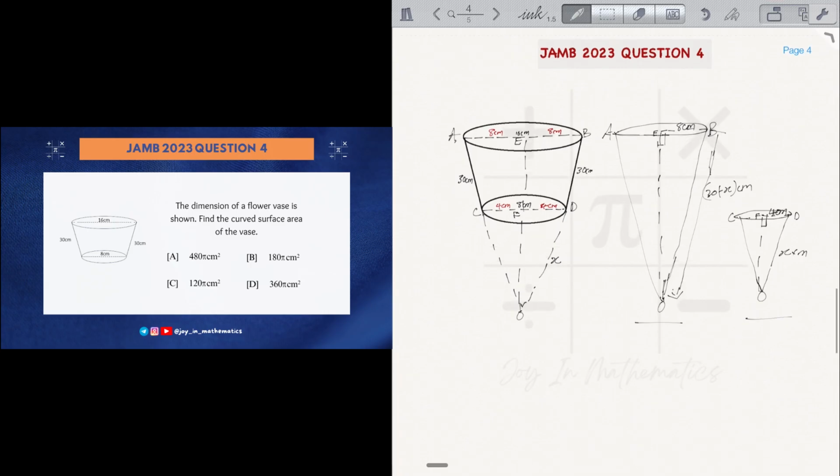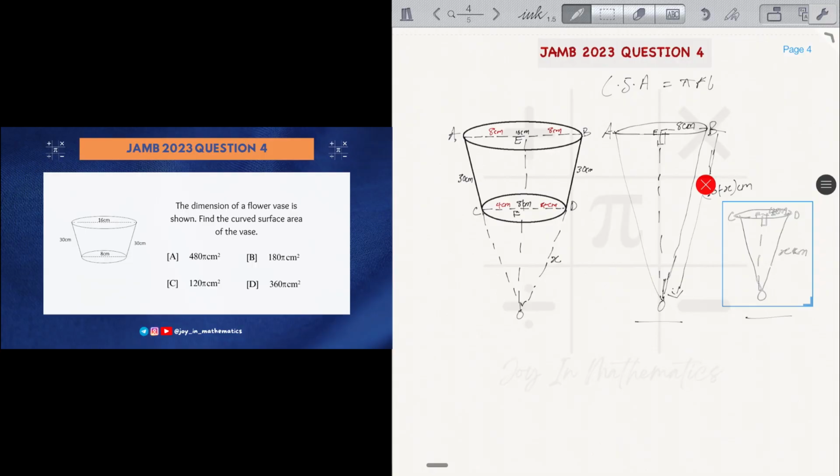So with this now, we can evaluate what X is. And once we evaluate what X is, we can apply the formula for the curved surface area. Remember that the curved surface area of a cone is pi r L. We know the radius, and all we just have to do is to evaluate the slant height of each. So let's evaluate X. Once we know X, we can evaluate the slant height of this cone, and we can also evaluate the slant height of this cone.